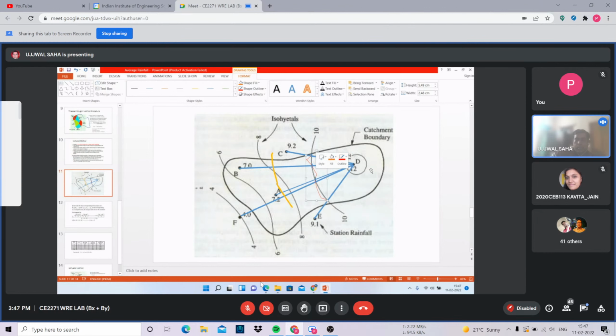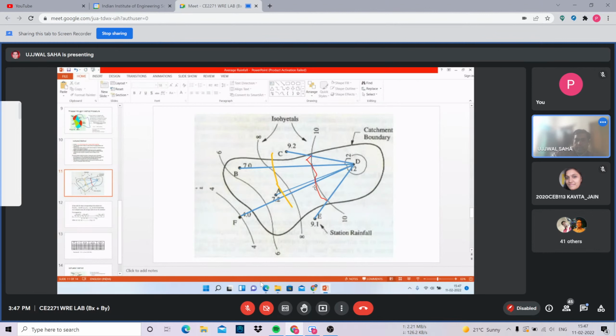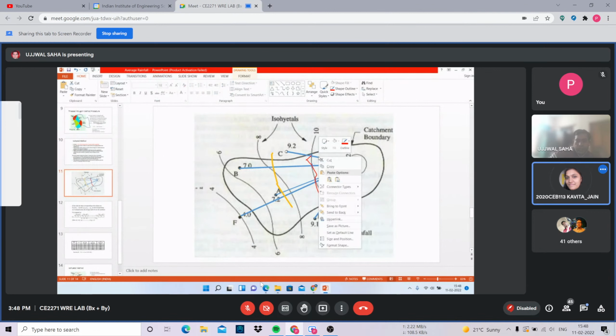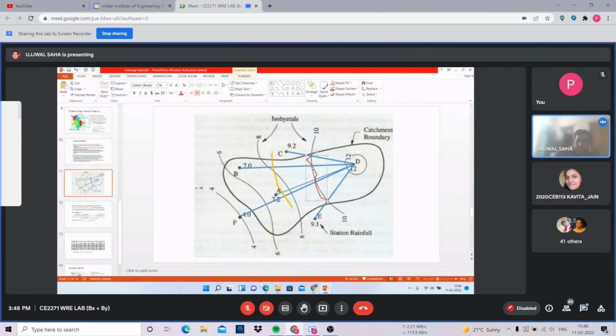Let me draw this. Are you telling that the same line I can draw like this? The curve is the same, but we can just shift the whole line slightly downwards.